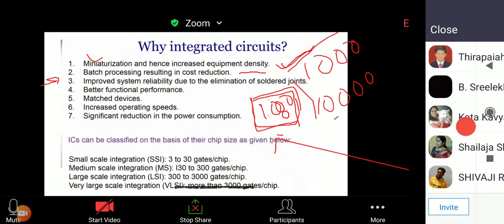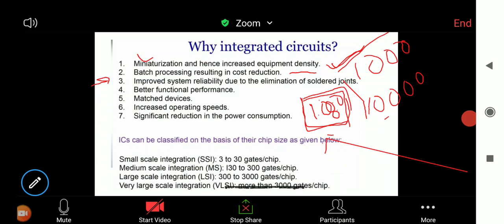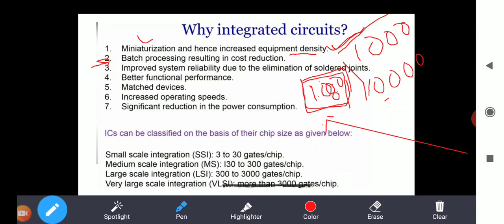Batch by batch, I can fabricate these transistors. Because of that batch by batch fabrication, we can reduce the cost of the equipment. That is batch processing resulting in cost reduction.